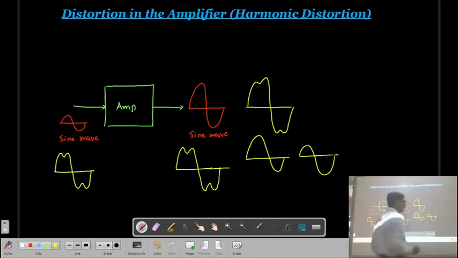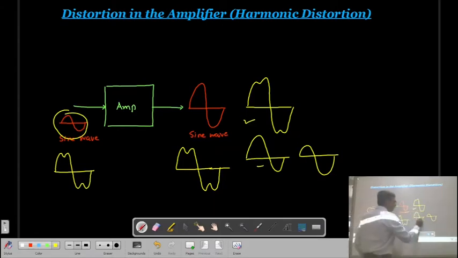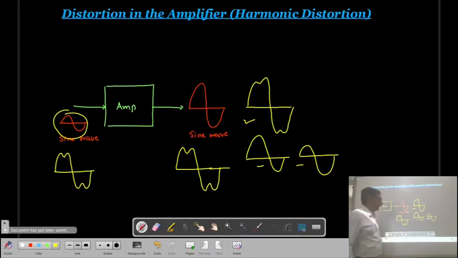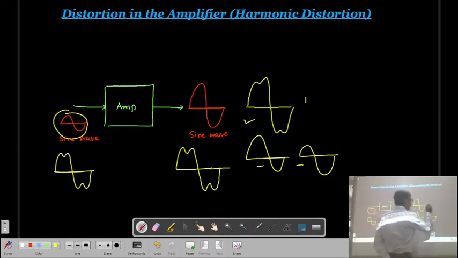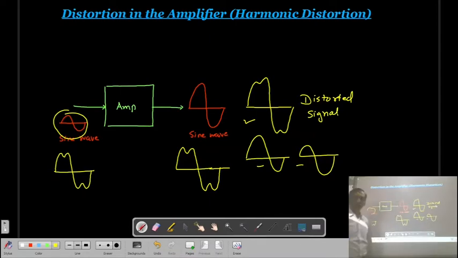Here you can see in all the cases the shape of the input signal and the shape of the output signal are not identical. Here we can say the distortion is introduced by the amplifier circuit, and these are known as distorted signals.